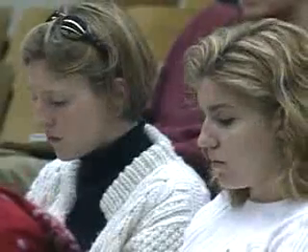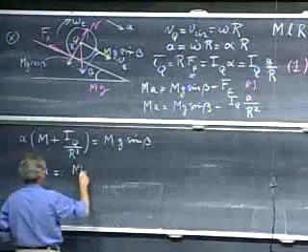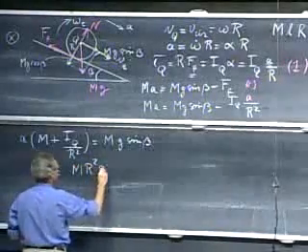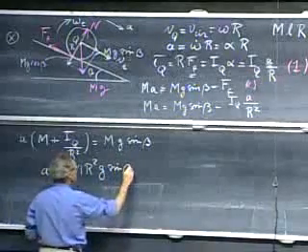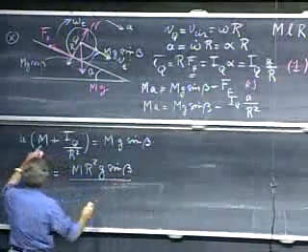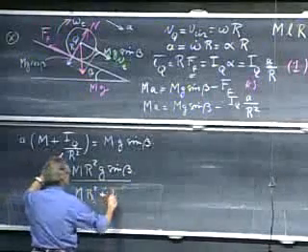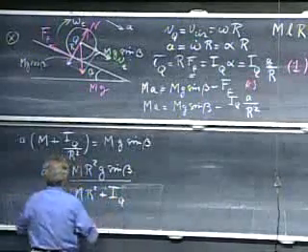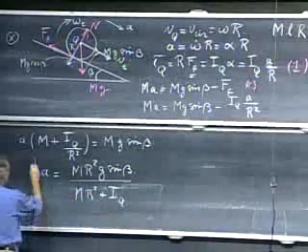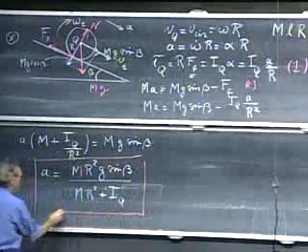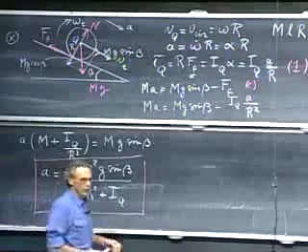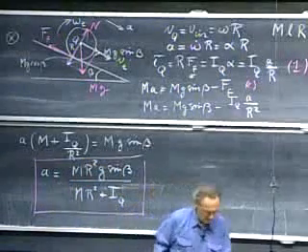I'll multiply both sides by r squared. I get m r squared g sine beta upstairs, and downstairs I get m r squared plus the moment of inertia about that point Q. This is my result, and all I have to put in now is the moment of inertia of rotation about that axis.